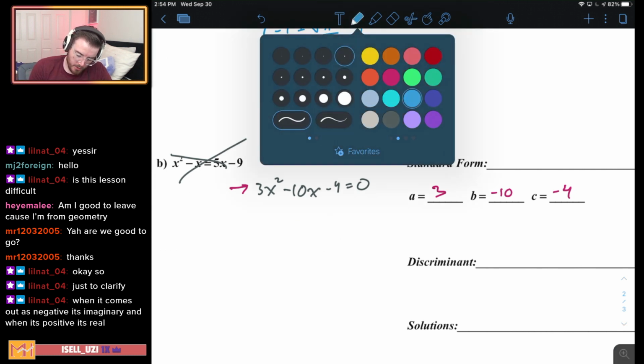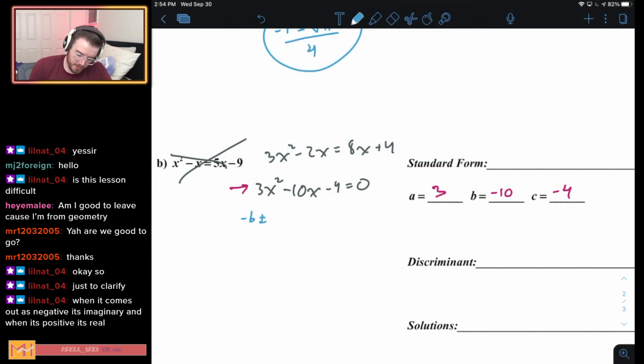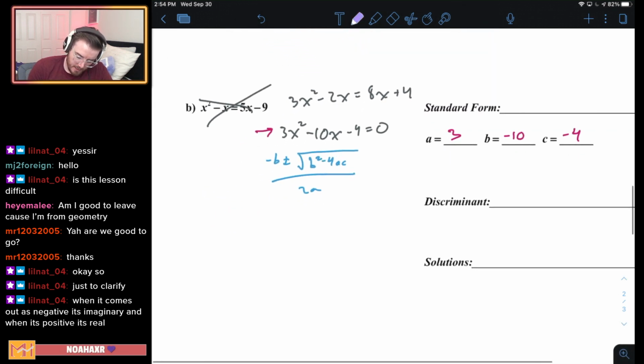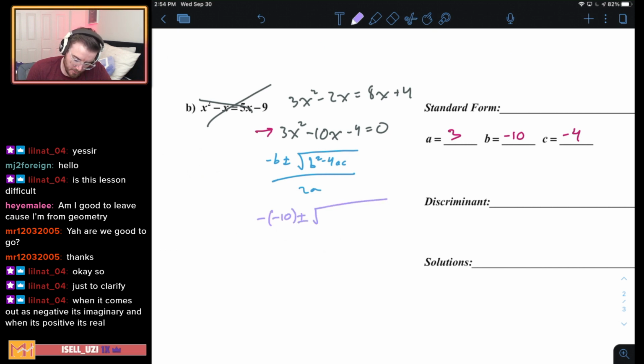Again, that equation is negative b plus or minus the square root of b squared minus 4ac all over 2a, which is negative 10 plus or minus the square root of negative 10 squared minus 4ac.